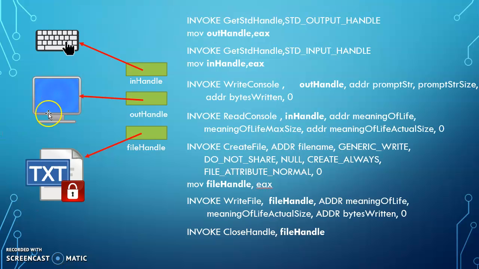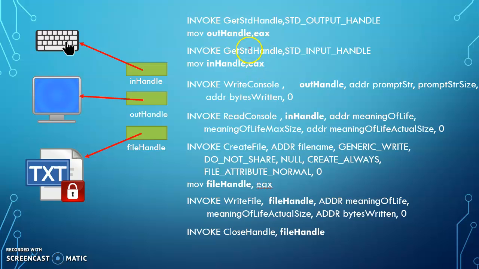So the handle approach for dealing with objects is introduced there, and it's that once we have the handle, we refer to it after that by the handle. For the output console, when calling this routine, EAX has the output handle. Later when we write, we have to use the output handle.